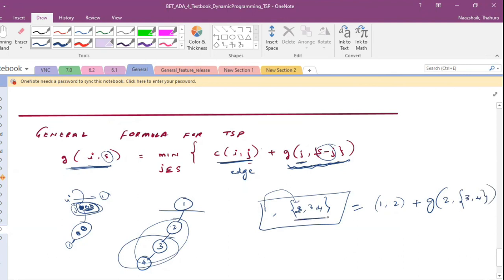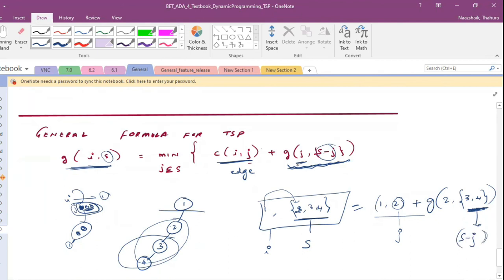So I have to go through 3 vertices, but I split the formula such that I reduce it, and then I ask what is the cost of going to 2 vertices. If you look at this, this is your S, this is your I. You pick anything in this as J. Whatever you pick here, this is nothing but S minus J. Is this clear?